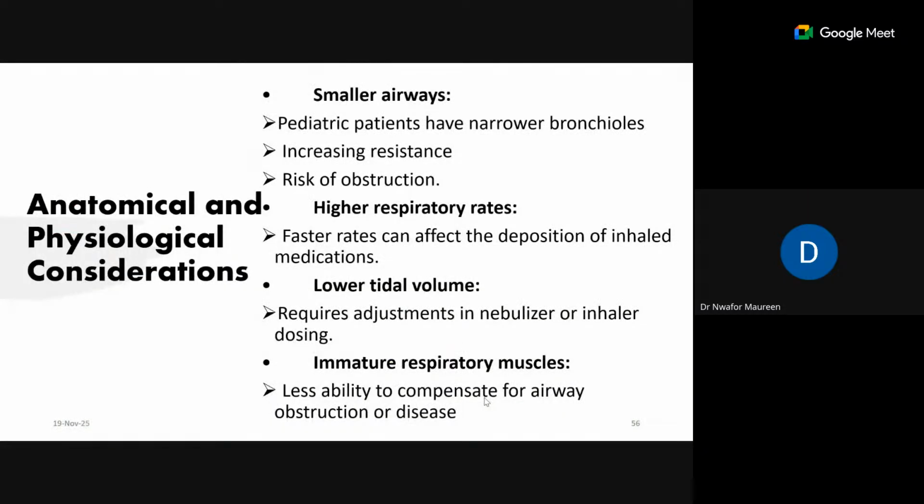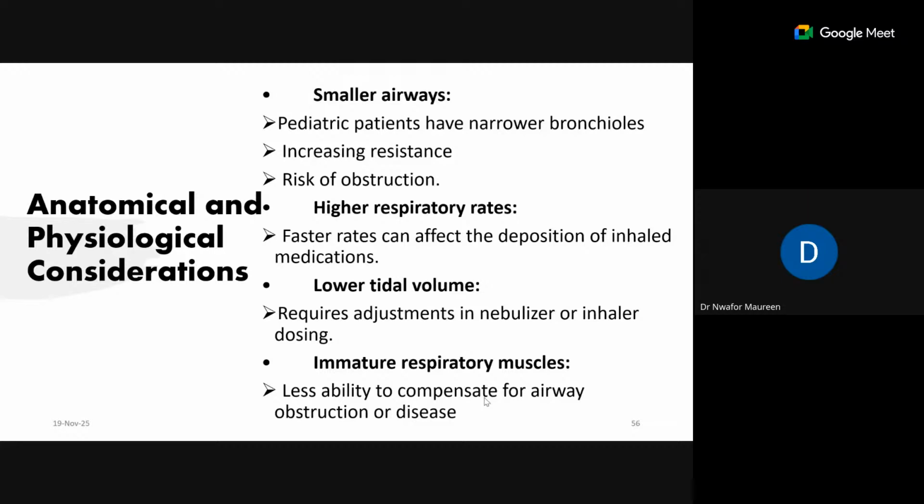In case of anatomical and physiological difference, we all know that our pediatrics have narrow bronchioles, which cause increased resistance. Their bronchioles are narrow when you compare that with adult patients. They have risk of obstruction because of the narrow bronchioles.